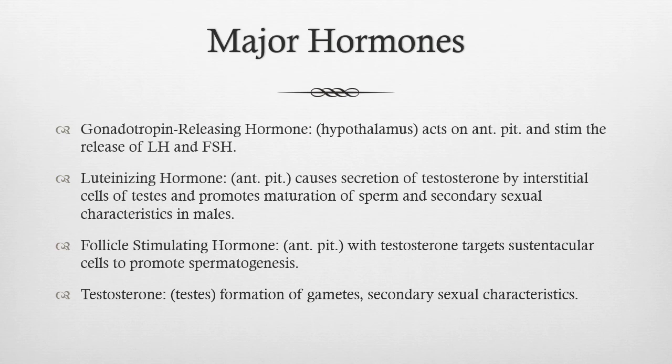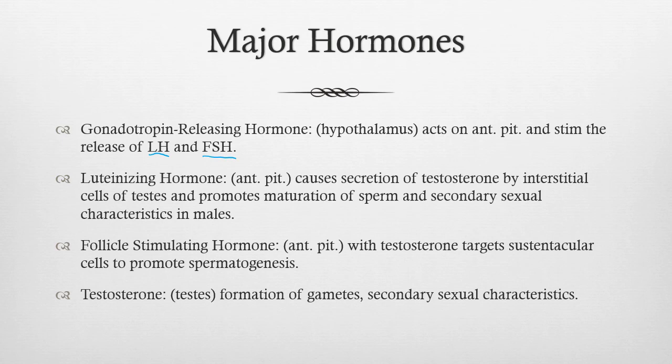The hormones that are produced in the male, some of them are familiar from the female, and so we have GnRH, once again, gonadotropin releasing hormone. At puberty, this becomes activated, and that's going to cause the release, once again, of LH and FSH, luteinizing hormone and follicle stimulating hormone.